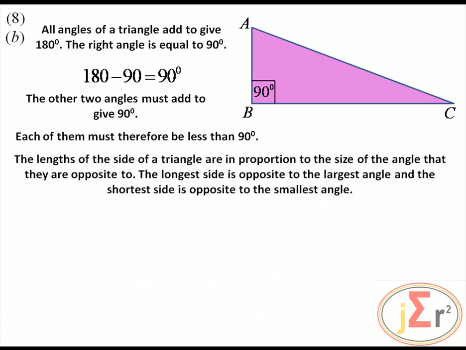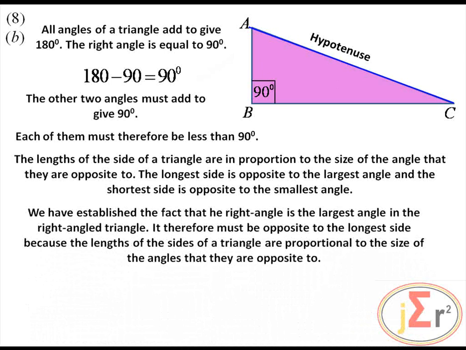The lengths of the sides of a triangle are in proportion to the size of the angle that they are opposite to. The longest side is opposite to the largest angle, and the shortest side is opposite to the smallest angle. So that is our hypotenuse, which is the longest side. It is opposite to the right angle, which is the largest angle.